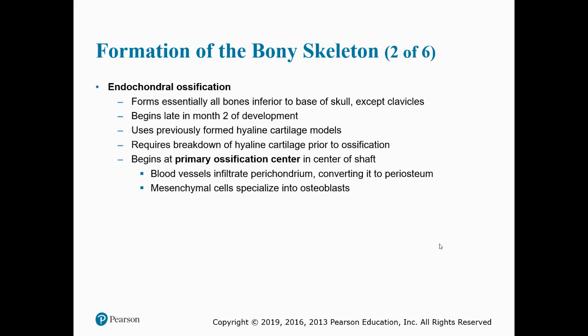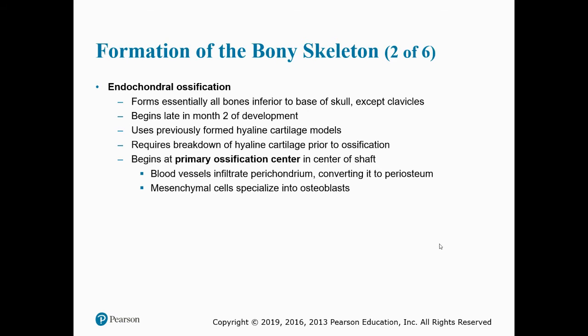As we think about how these two processes allow us to form our entire skeleton, we must remember that each one of these processes is happening concurrently, right? So they're happening together.